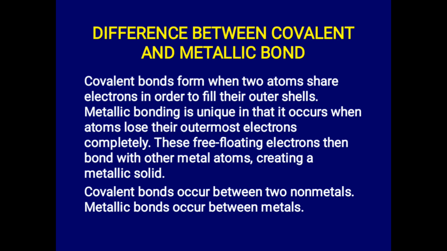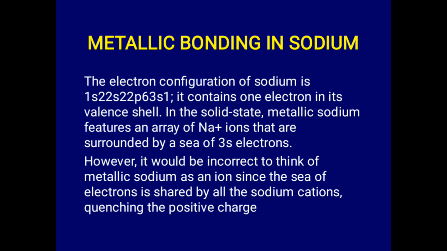These free-floating electrons then bond with other metal atoms to create a metallic solid. Another very important difference is that covalent bonds occur majorly with non-metals, while metallic bonds occur between metals. So these are the differences between metallic and ionic bonds, and metallic and covalent bonds.